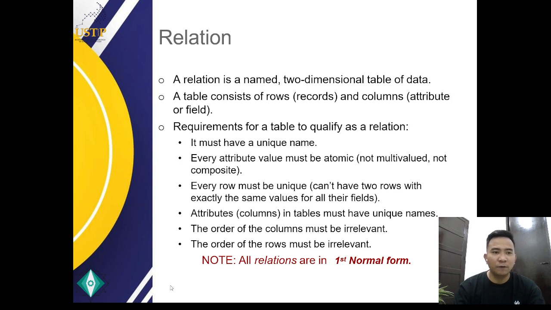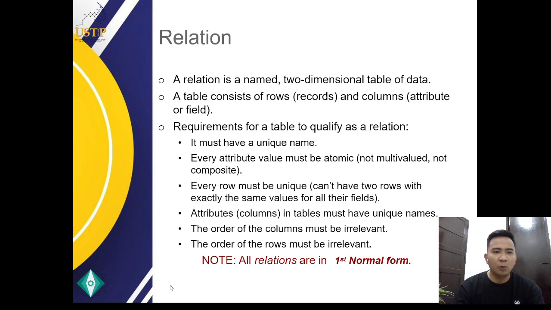It consists of rows, which represent individual data items or instances, and columns, which define an attribute or field in the table. This defines the characteristics or properties of the data within each row.